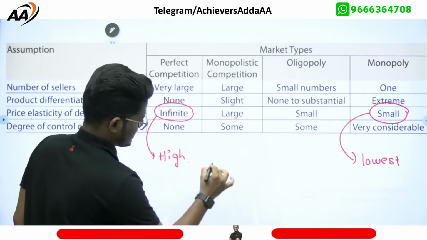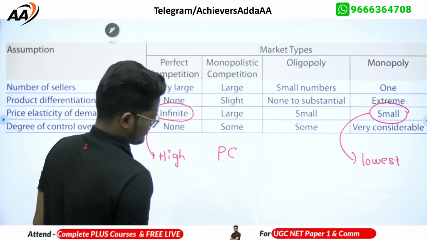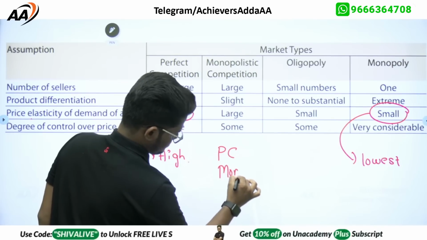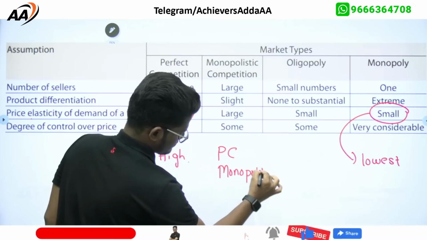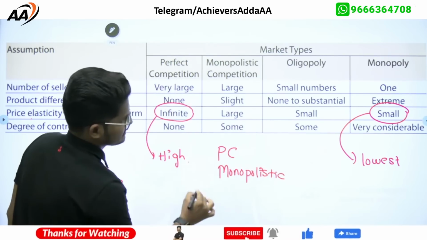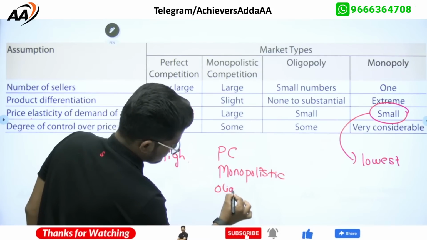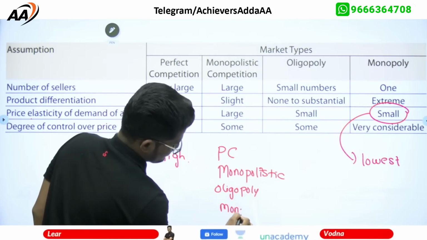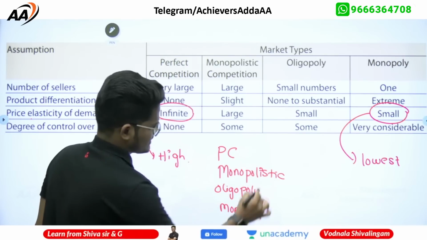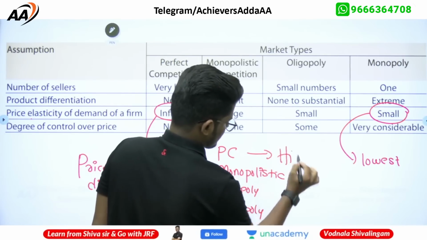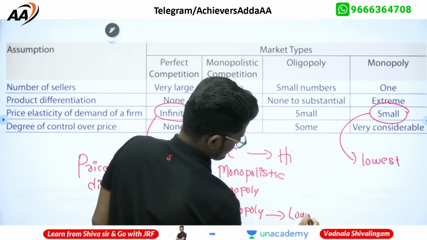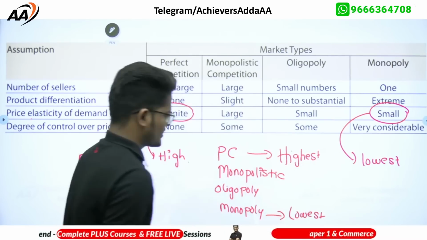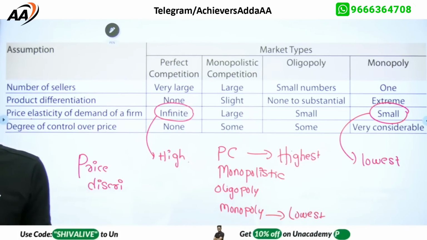So in order, perfect competition number 1 high, and after that monopolistic competition, after that oligopoly will come, later monopoly will come. So this is the highest and this is the lowest, of price elasticity.